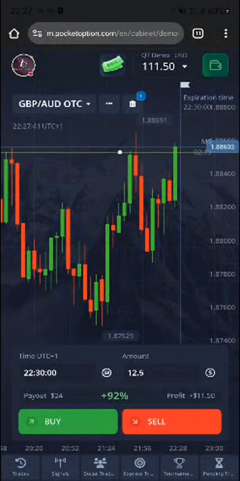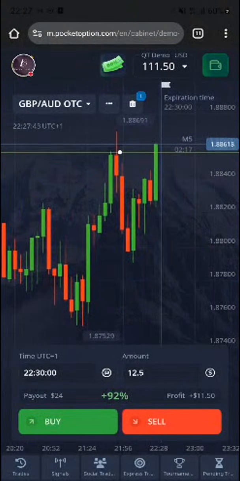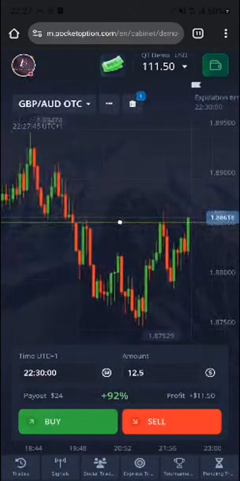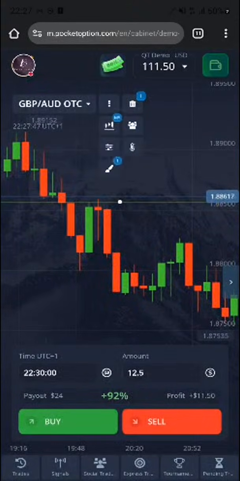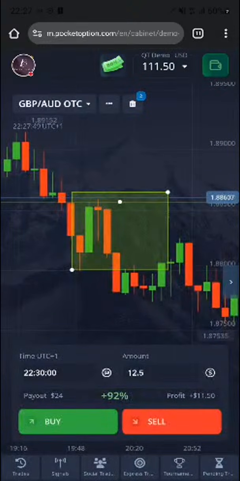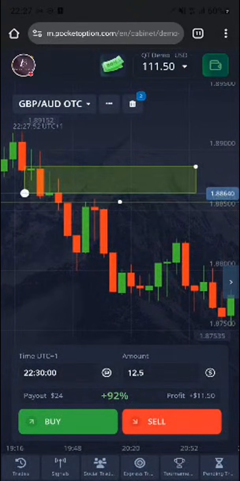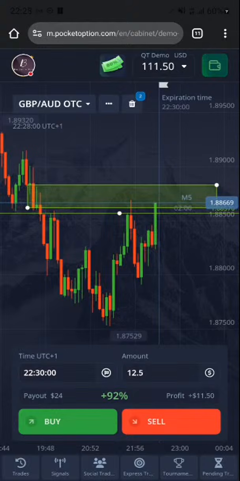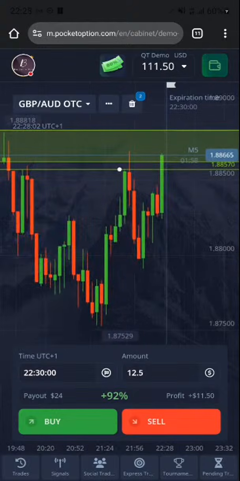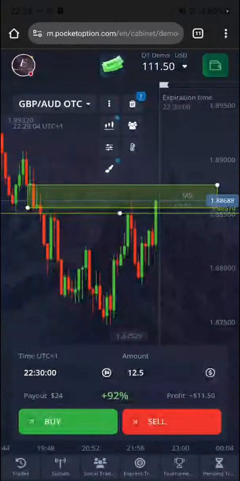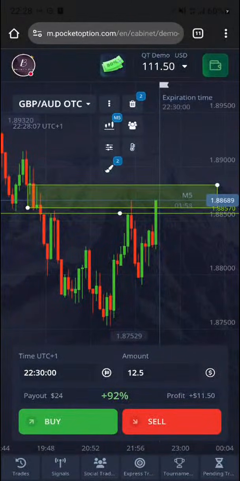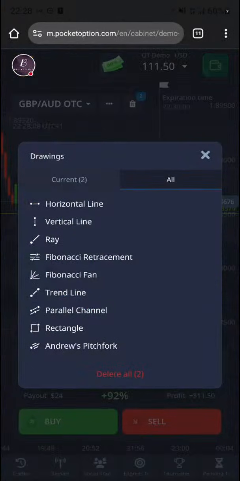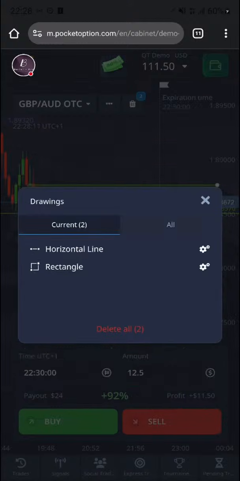So I don't know if we'll have another pullback from the sellers here, but this supply here is not fresh anymore. The supply has been taken once, and I have a feeling the buyers may just run through this entry and not retrace at all. So it's very hard to judge what will happen right now.